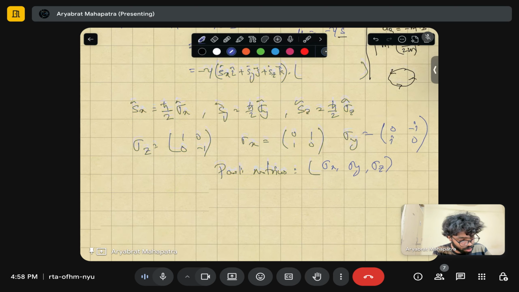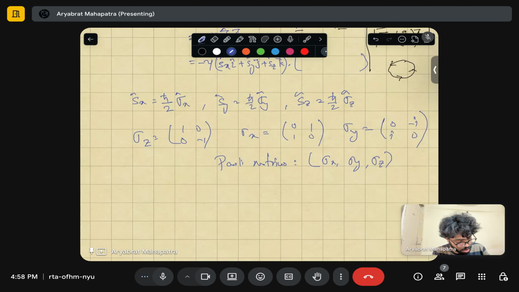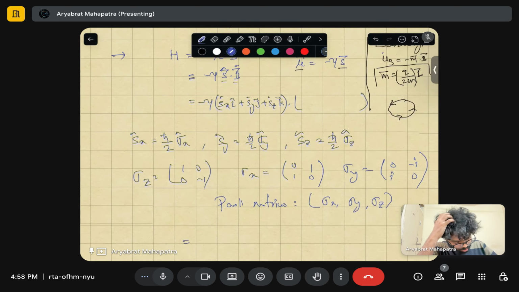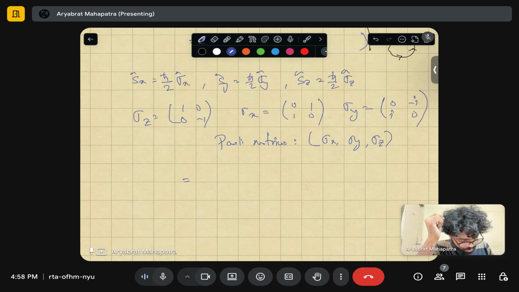Now you can write down your Hamiltonian as minus gamma B naught over h bar by 2.